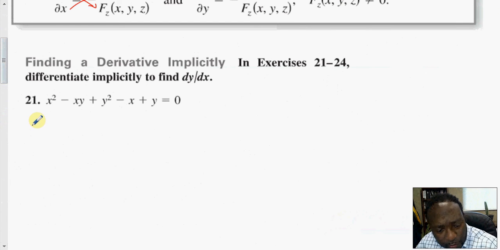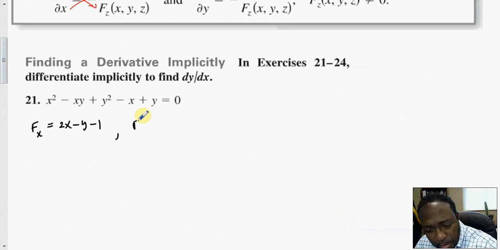So what we're going to do is find first the partial of f with respect to x. So this is going to be 2x minus y minus 1. Then the partial of f with respect to y. Take the derivative of this capital F function with respect to y. So this is negative x plus 2y plus 1.